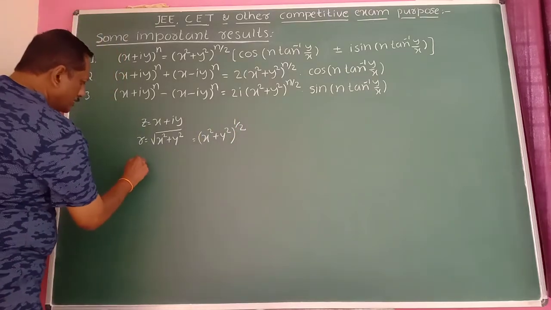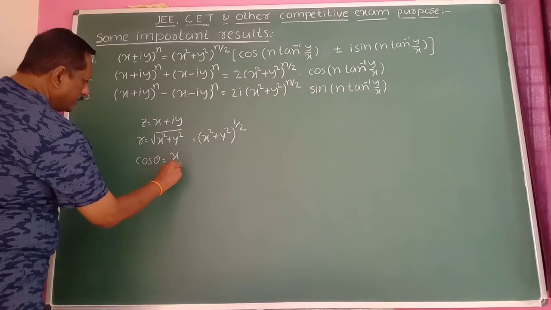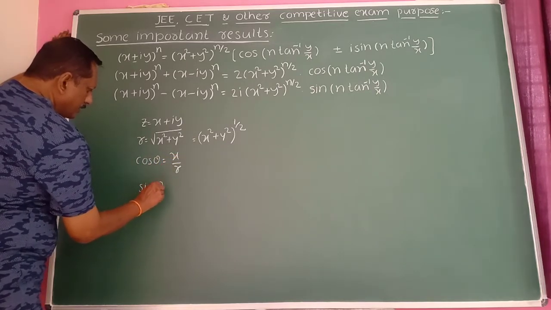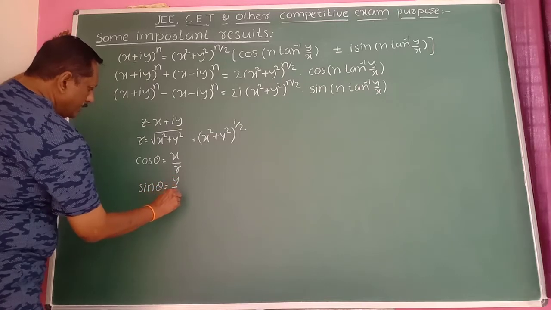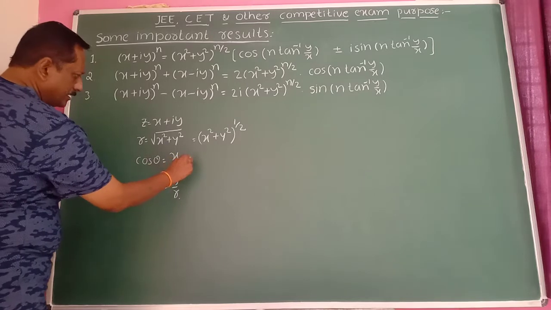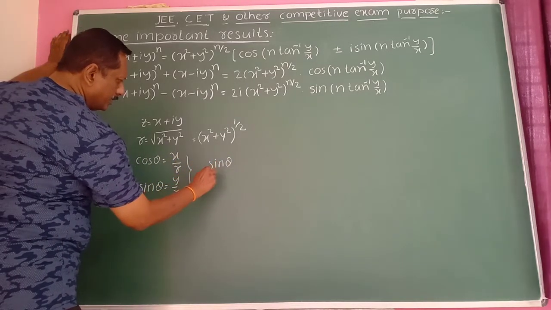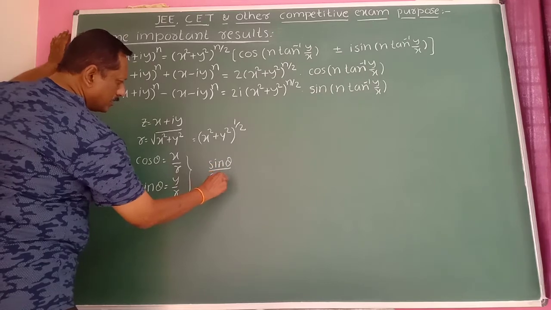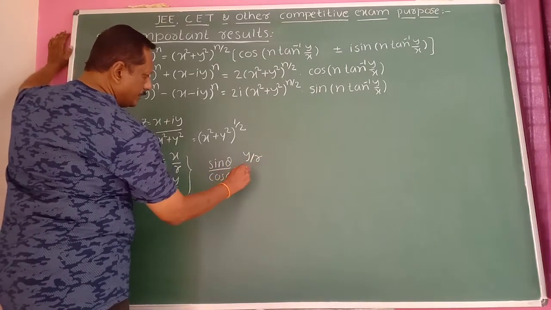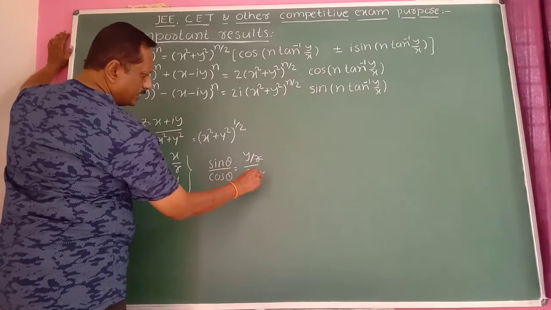And you know cos theta is x divided by r, and sin theta is equal to y divided by r here. Then divide this by this. So sin theta divided by cos theta is equal to y divided by r upon x by r here. r and r cancel.